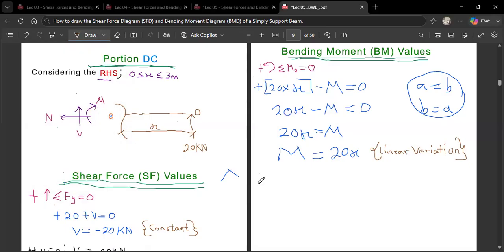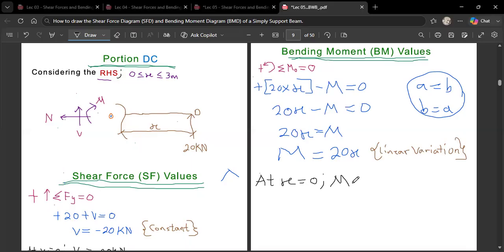So let's draw a diagram. At x is equal to 0, we say moment at D, because it's D that came first.